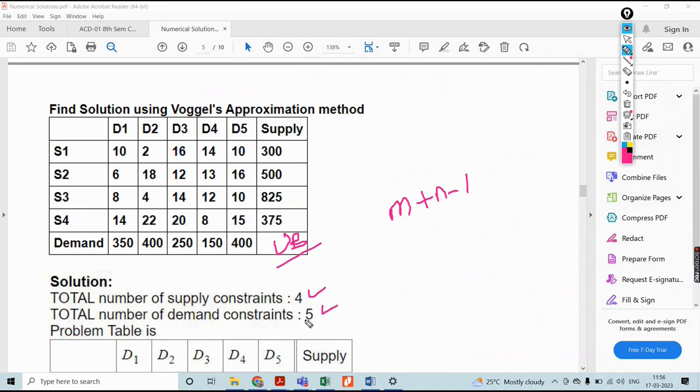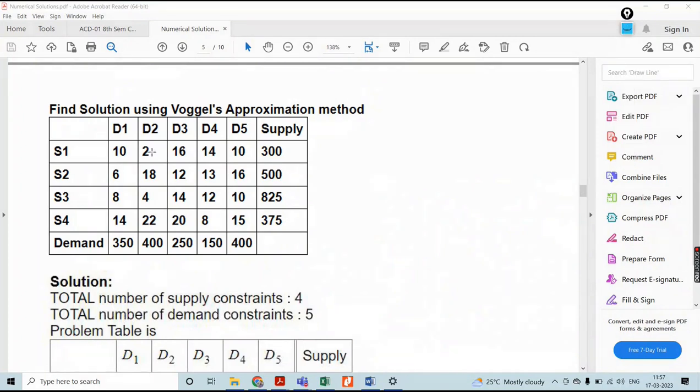With these values, 4 plus 5 minus 1, which is equal to 8. But at the beginning, if you add the dummy column or dummy row, it is not possible to consider it. That is the reason. First, it is not required to do this. After making the optimal solution, you have to consider this. Do that check at the end, not at the beginning. Keep this in mind.